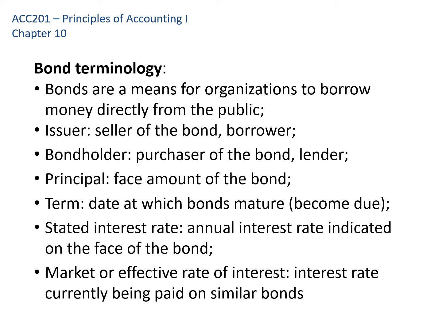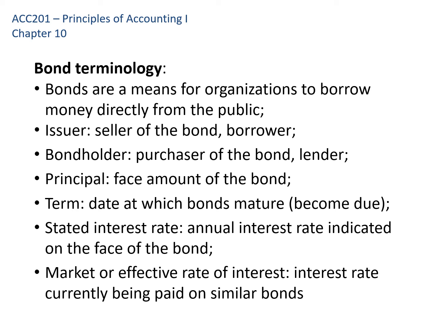So when companies issue bonds, they do a lot of research to determine how investors are going to view them with regard to risk, and then they issue it at a stated interest rate that they hope is equal to the market rate. So the market rate is what investors expect.